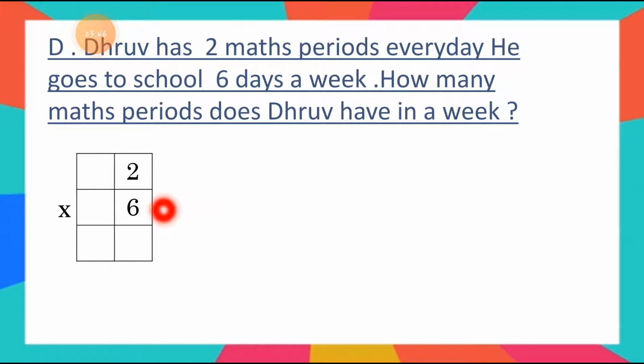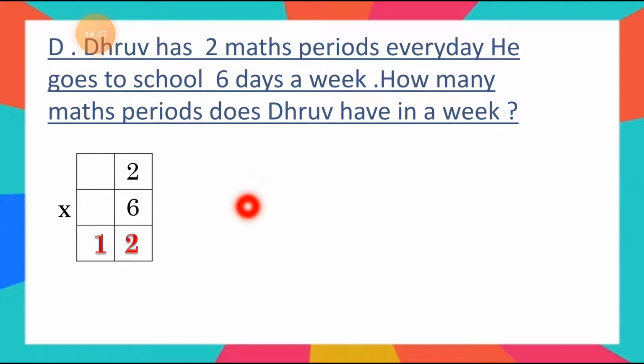So he attends 6 days of the week. Now the question is how many maths periods does Dhruv have in a week? So 2 6s is equal to 12, and 6 2s is also equal to 12.